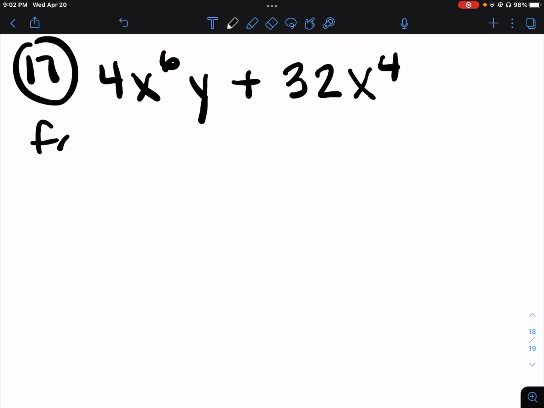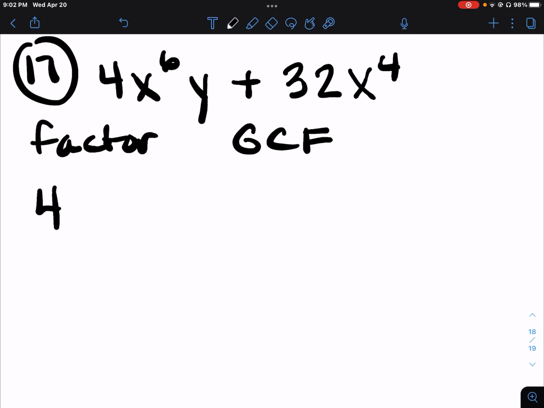This says factor out the GCF, greatest common factor. 4 goes into both of them, and they both have x to the 4. So 4x to the 4 times x to the y.